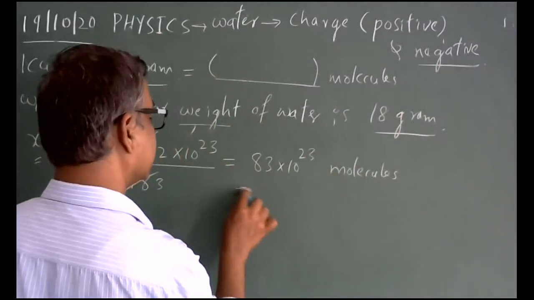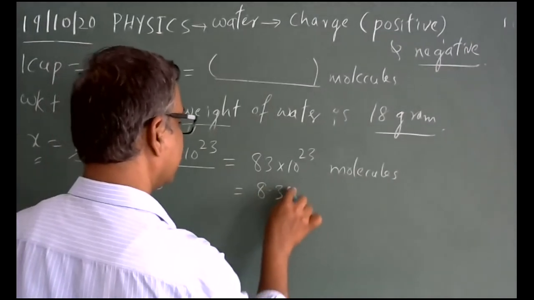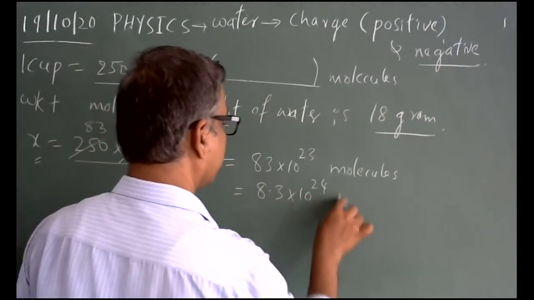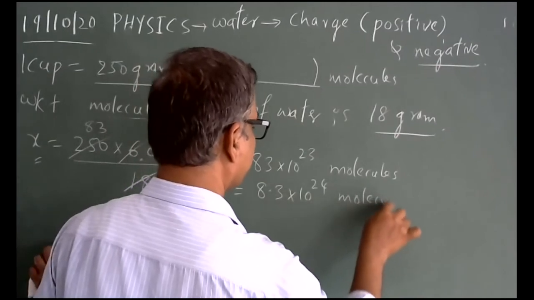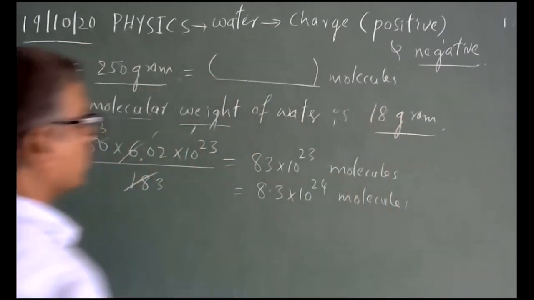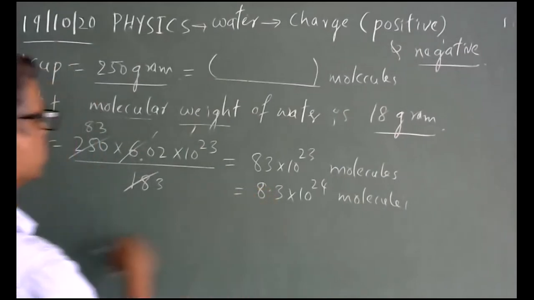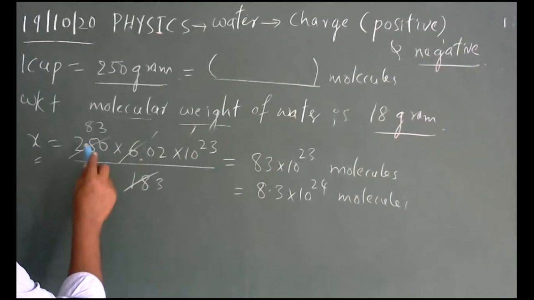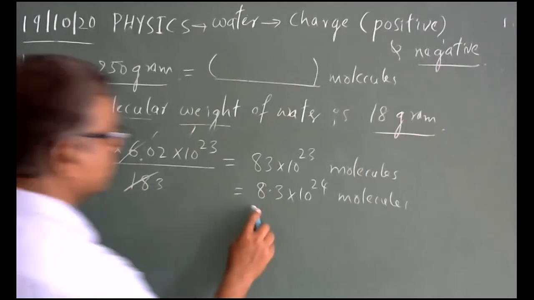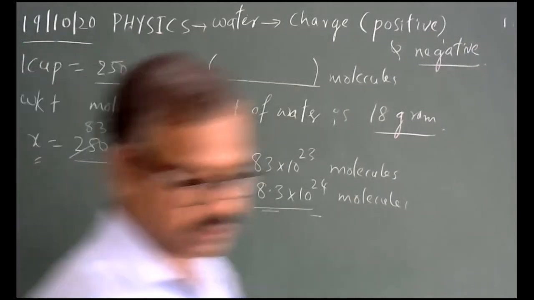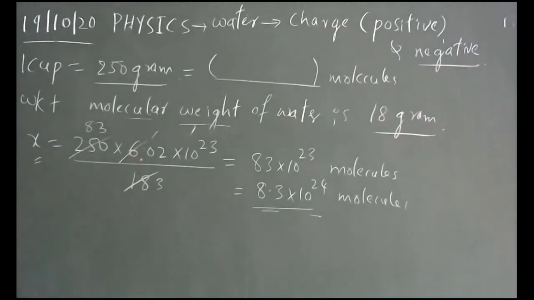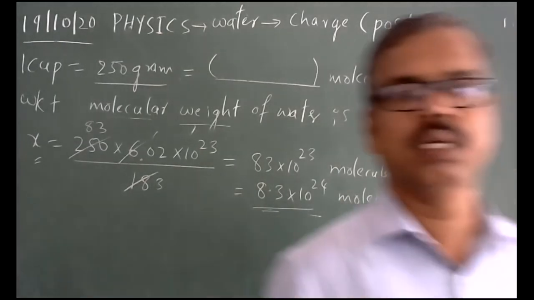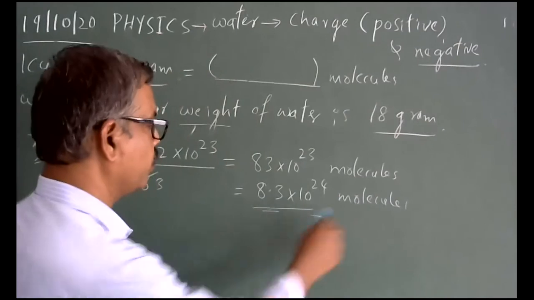So I can say it is 8.3 × 10^24 molecules. So this is the number of molecules. Okay, I got 8.3 × 10^24 molecules.